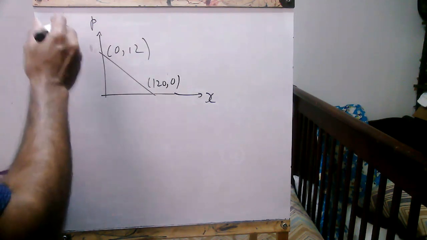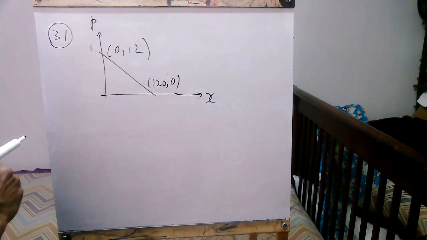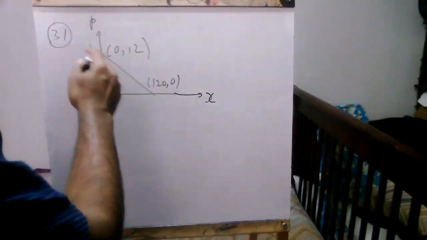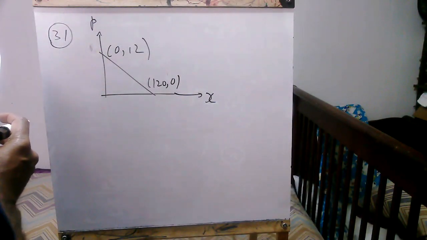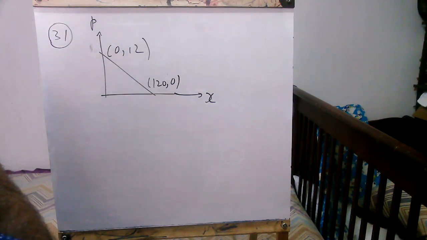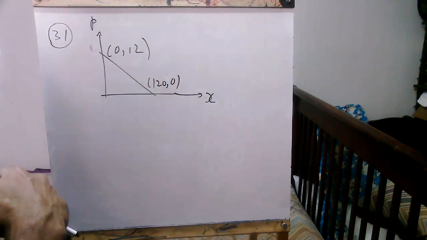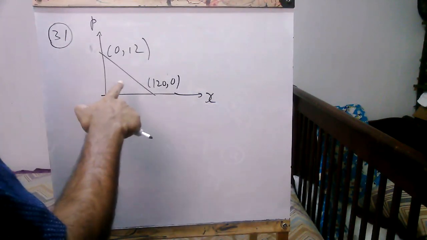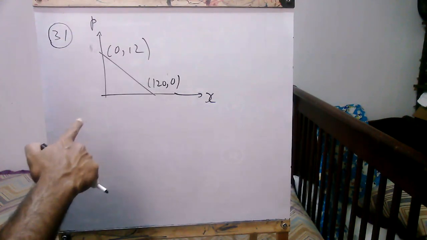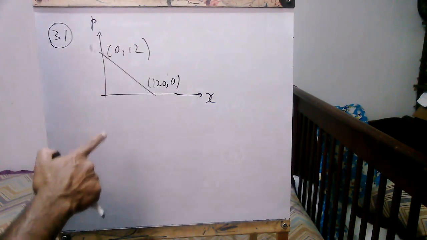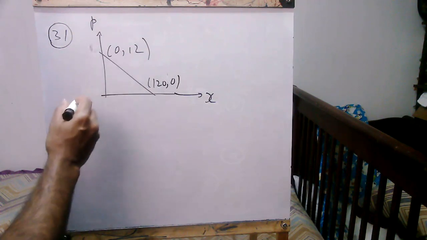Let's write the equation of this line. With that, we can find when price is 5, how many units it's selling. Then we can find the revenue, right?